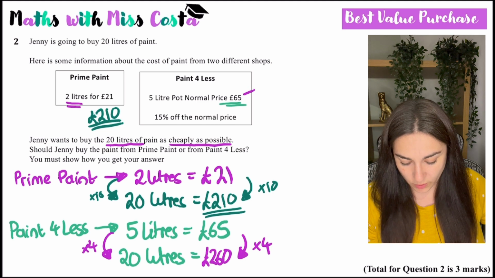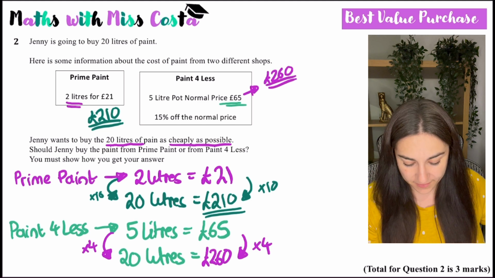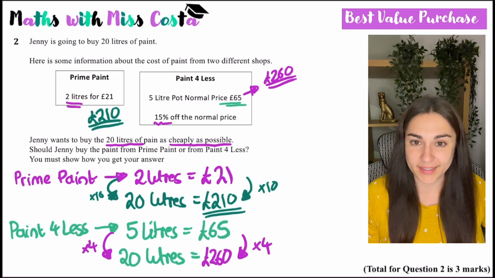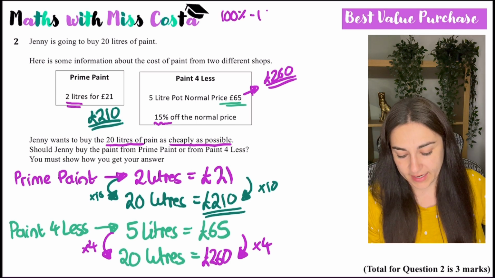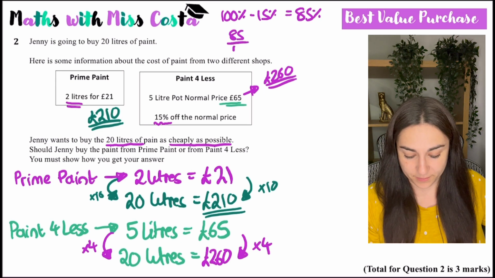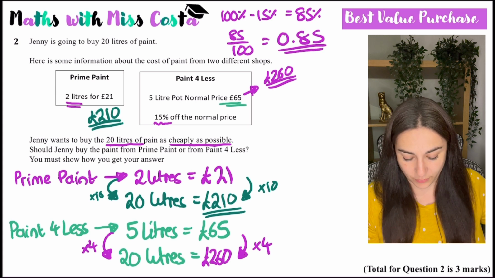So the normal cost over here would have been £260, but there's 15% off the normal price. And remember, as a multiplier, if you have 100% and you take 15%, you're left with 85%. And what does percent mean? It means divided by 100. So 85% as a multiplier is 0.85.